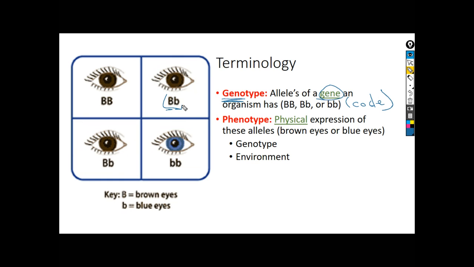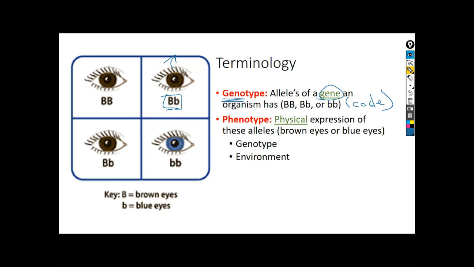So this person is big B, little b, dominant and recessive. I am heterozygous. All of that stuff is my genotype. My phenotype is the translation of that information, the physical expression of that code.